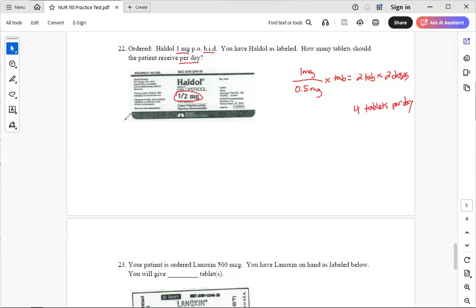How did you get the 2 doses? BID. Yep. So when we're looking at the order, you do need to know BID, TID, QID, Q12H, Q4H, and then it's in your packet.